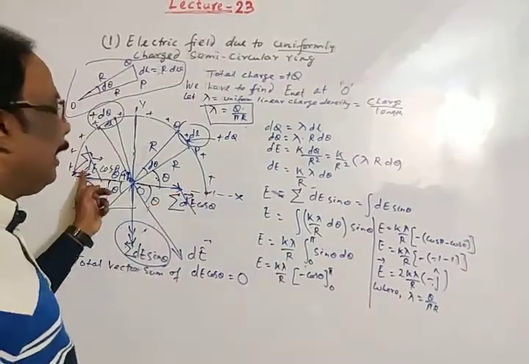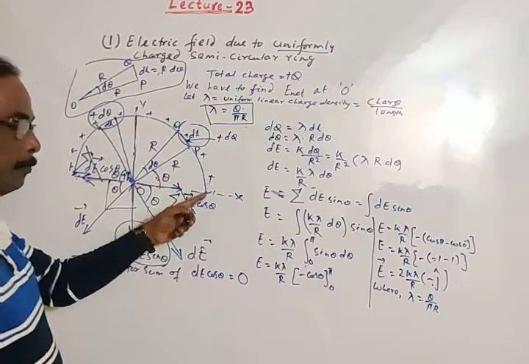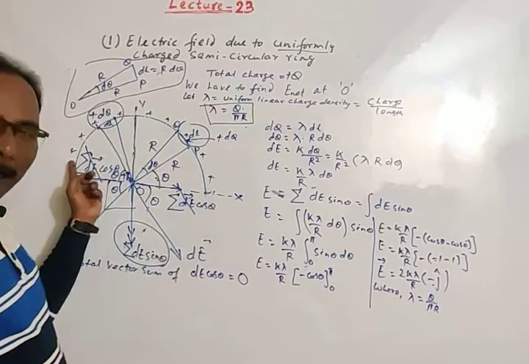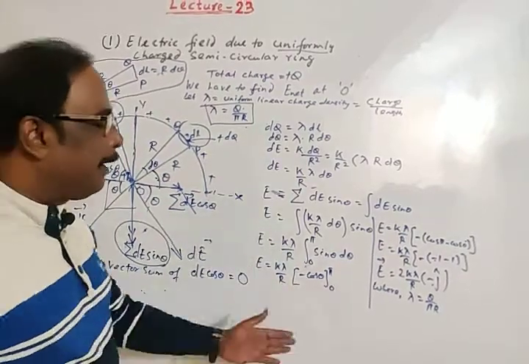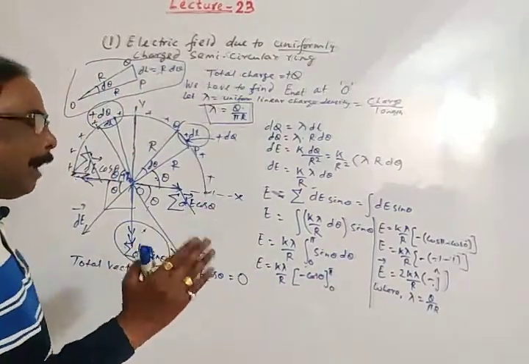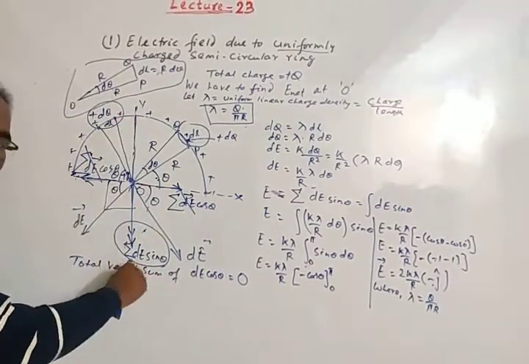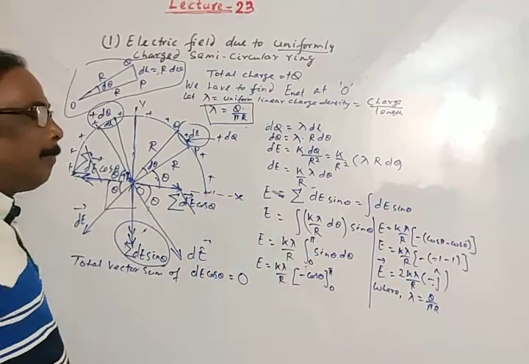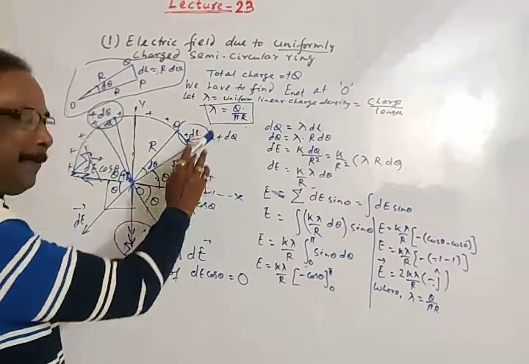To cover the whole length, we take the limit from 0 to pi, or you may take from 0 to 180 degrees. This is in radians. Then solving it, we get the electric field magnitude 2k lambda by r, direction along the negative y-axis. I have taken minus j cap, where lambda, the uniform linear charge density, is q by pi r.